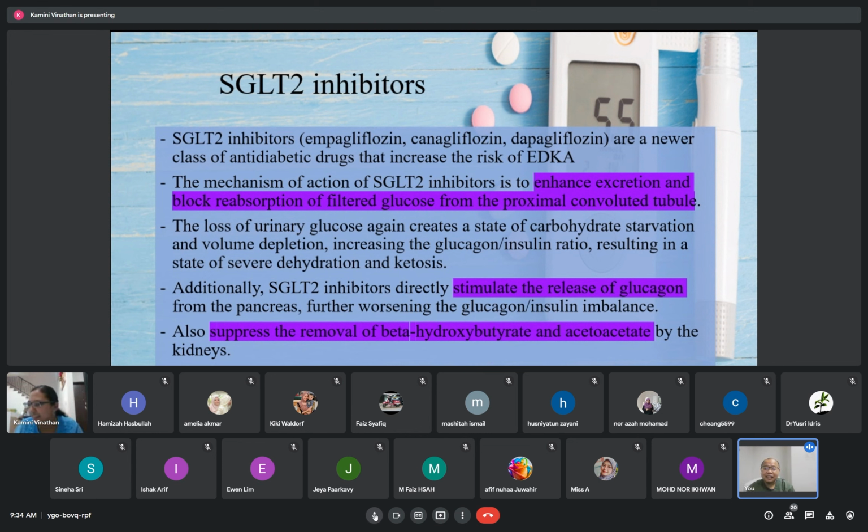These are drugs that are fairly new in the last 5 or 6 years, at least in Malaysia. A lot of endocrinologists or diabetologists start these medications. But it's a drug that increases risk of Euglycaemic DKA. So this is where your drug history is also important.